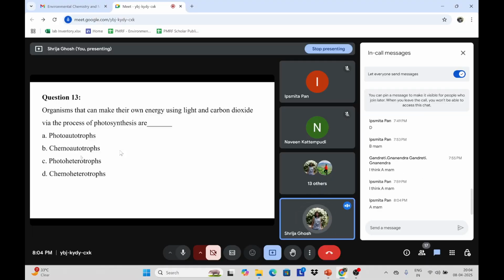Write your answers in the chat box. Okay, I have only one answer. Option A, photoautotrophs. What about others?